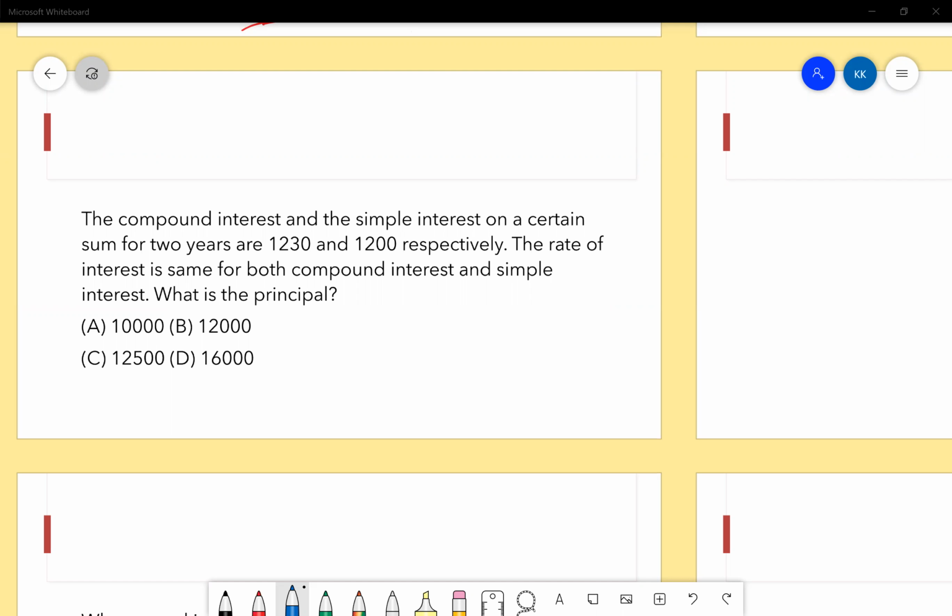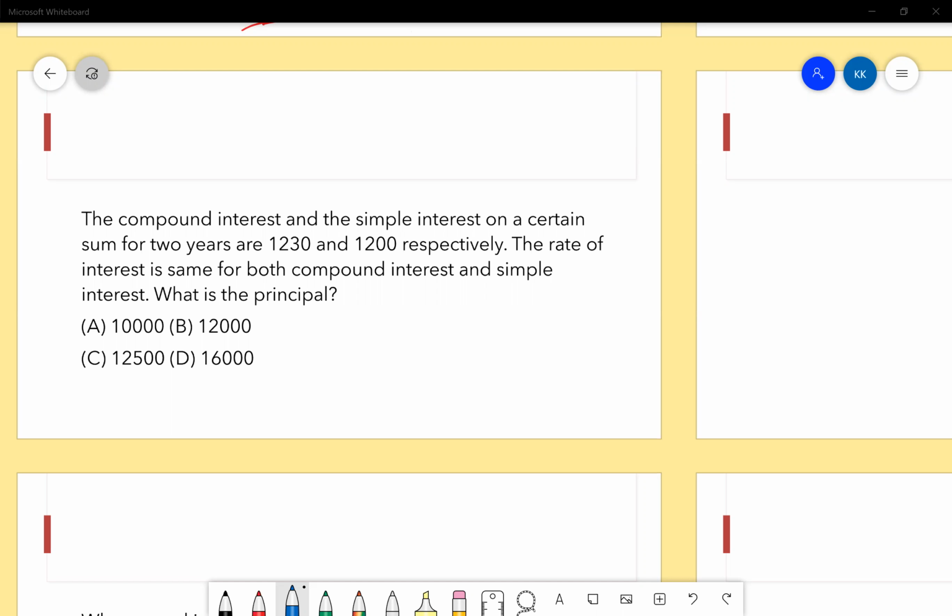Casey, I'll share my approach with you. Just say if it is feasible or not. Okay. So what I did was, since the simple interest for 2 years is 1200, for 1 year it'll be 600. And if I add that 600 amount to the basic principal, that would be my principal for the second year for the compound interest.